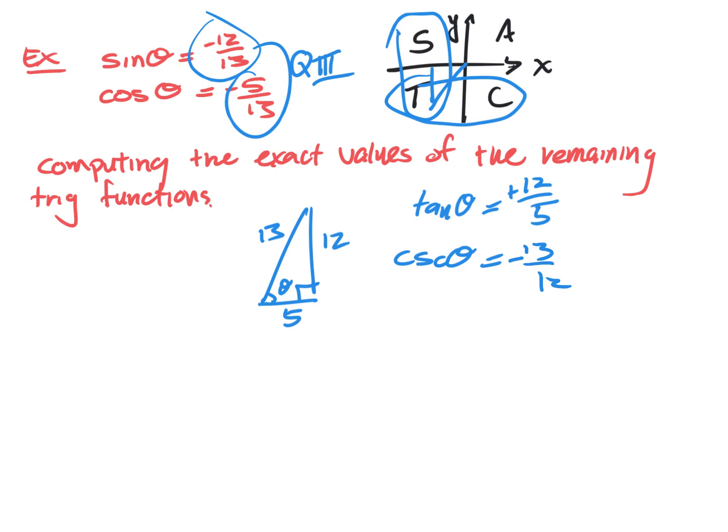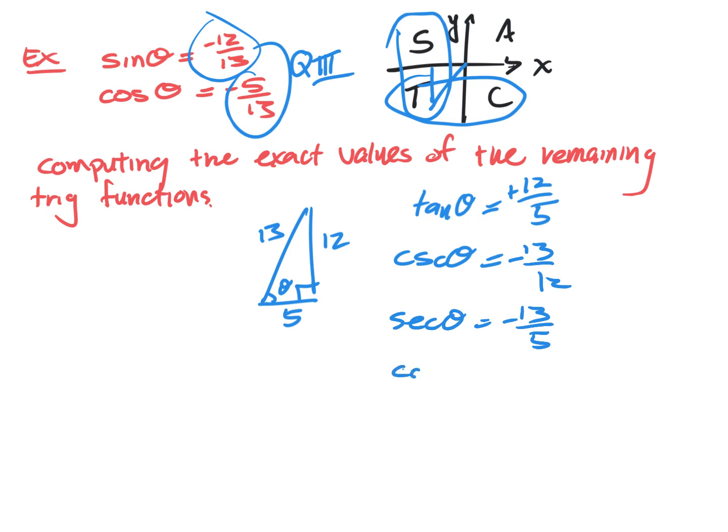Cosecant is only positive where sine's positive, and that's quadrants 1 and 2. Secant of theta is adjacent, which is 5 over, or hypotenuse over adjacent, 13 over 5. And again, just like cosine is negative, secant is negative.